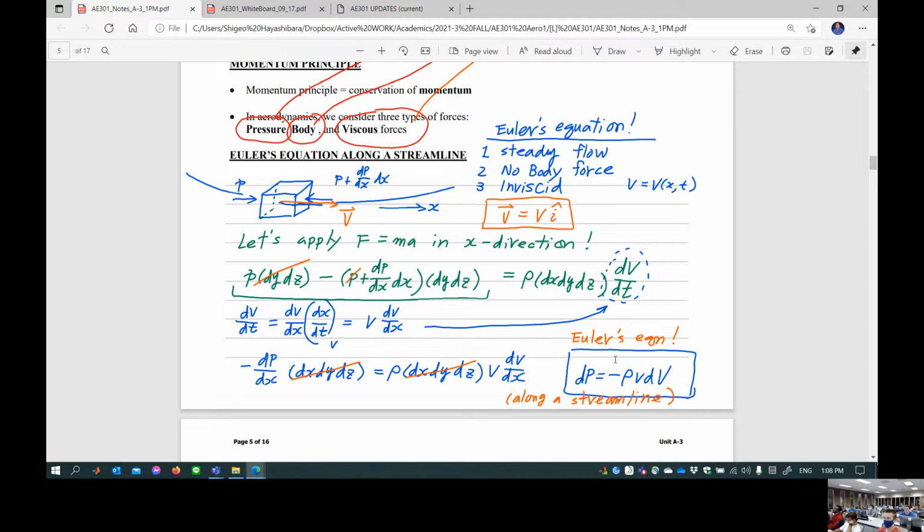Now, in fluid mechanics, this equation comes from a concept of a streamline coordinate system. You pick one streamline as a coordinate, then set this direction and that direction. Then you apply the equation of motion, Newton's second law, F equals ma, in this direction and that direction.